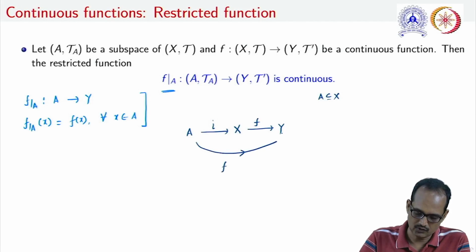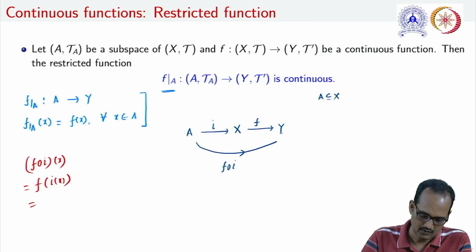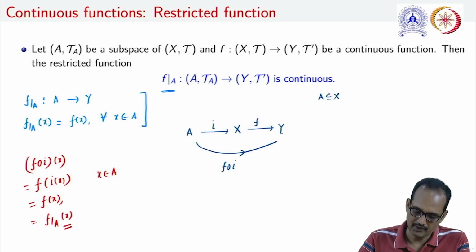So their composition is f composition I, and if we try to find f composition I at any x, this will be nothing but f of I x. This is f of x, and note that this x belongs to A. That is, this is the restriction of f over A.